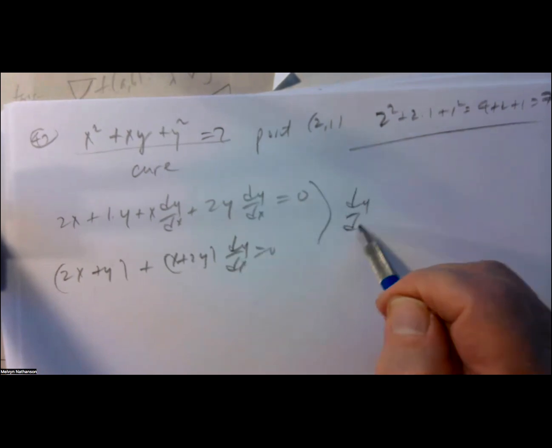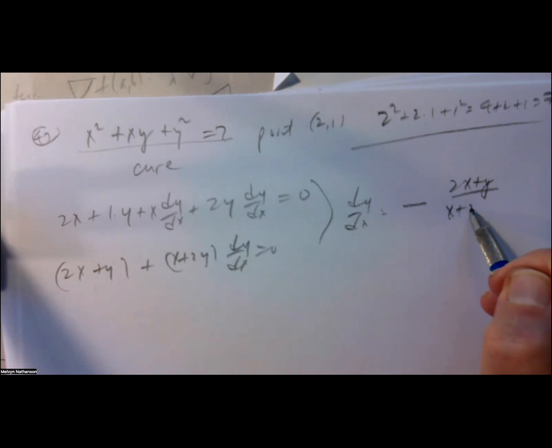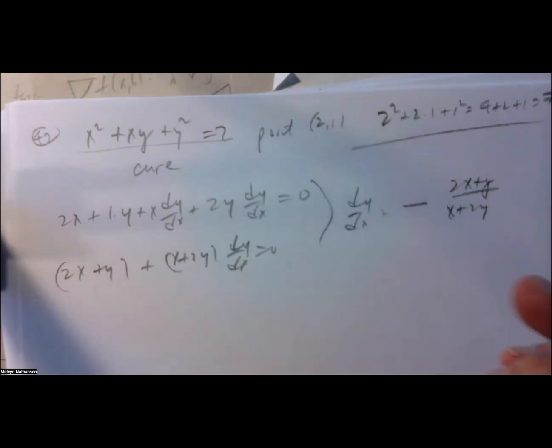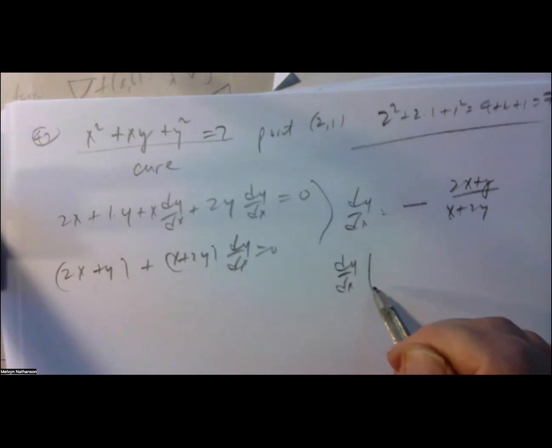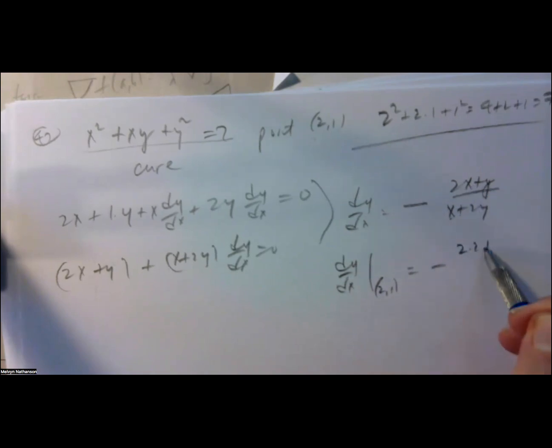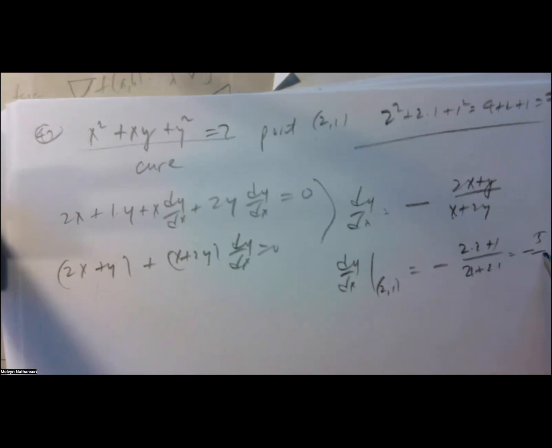If I solve for dy/dx, I get minus (2x plus y) over (x plus 2y). And if I evaluate that at the point (2,1), dy/dx at x equals 2, y equals 1 is minus (2 times 2 plus 1) over (2 plus 2 times 1). That's minus 5/4.